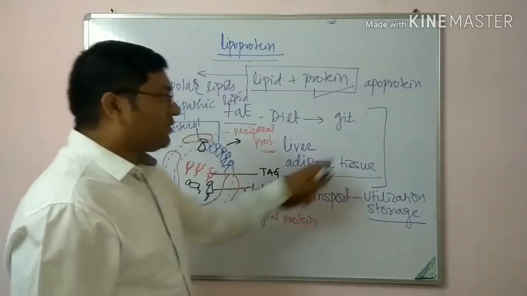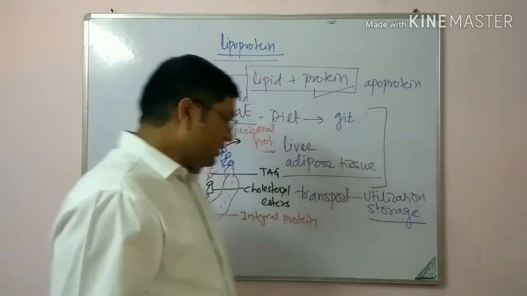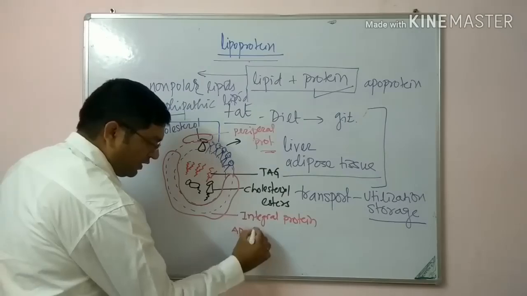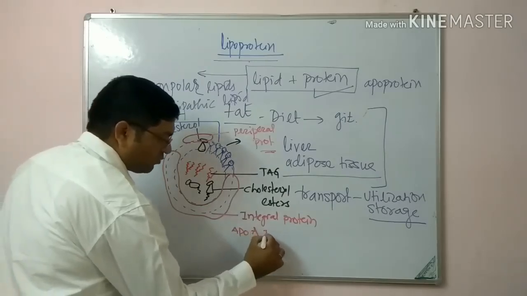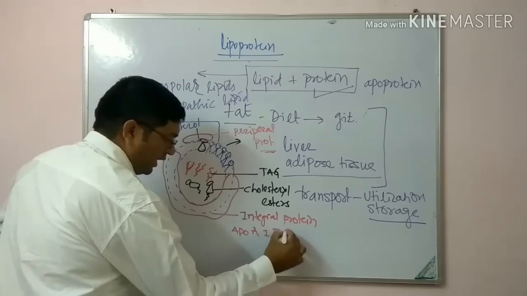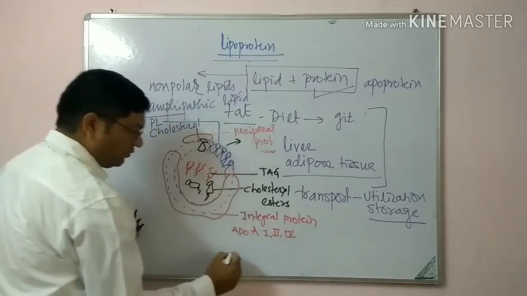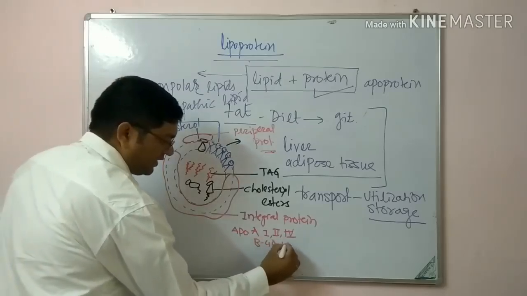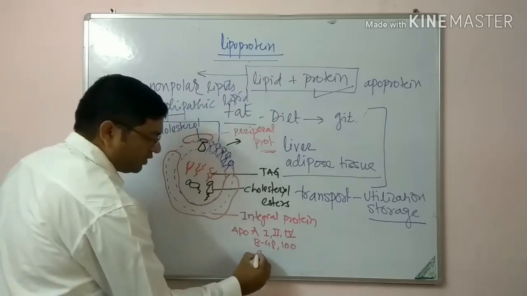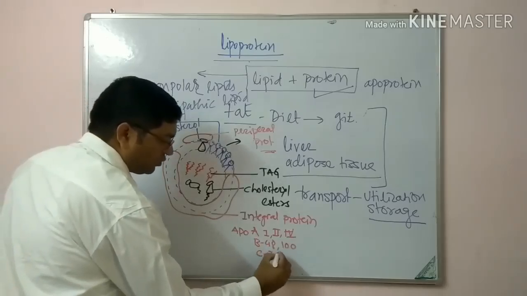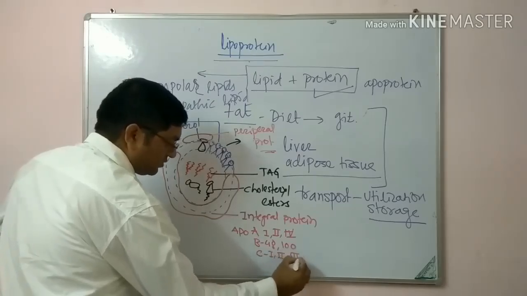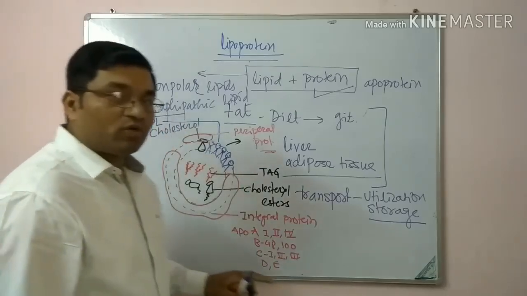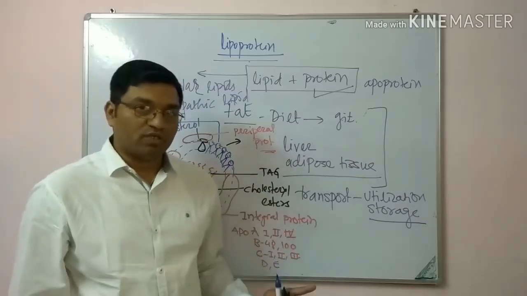This protein part of lipoprotein is known as apoprotein. It is of apo A, which includes apo A1, A2 and A4. Then apo B, that is 48 and 100. Then apo C, that is 1, 2 and 3. Then apo D and apo E. These are the major apoproteins present in the lipoprotein.